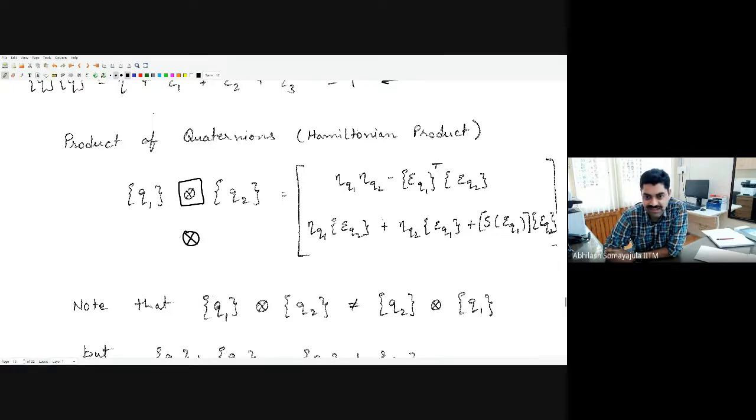So bear with me as to why this product is like this. Just take it that it is defined in this manner. So if I have Q1 and Q2 quaternions, where Q1 is given by eta Q1, epsilon Q1, and let me call that a vector.